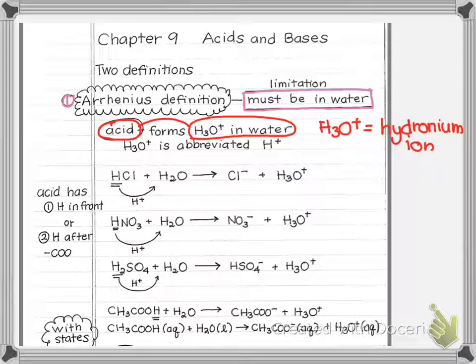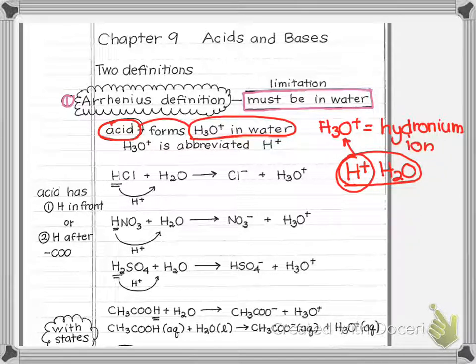H3O+ is often abbreviated as H+. And this can be thought of because if this has to be in water, H+ and H2O joined together make H3O+. So since this has to be in water, they often just refer to it as the H+ or the proton.